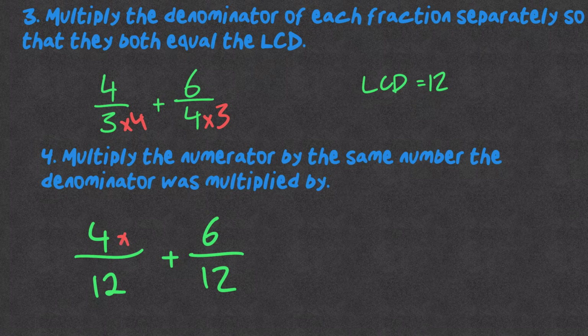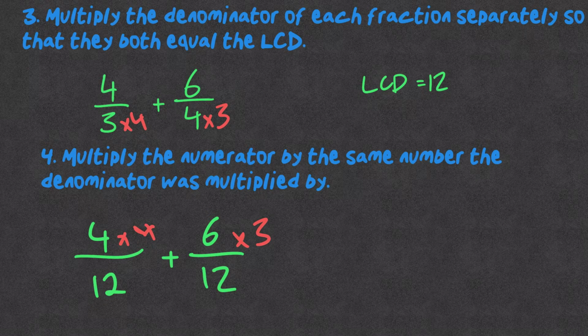In that fraction? Up here, what was it multiplied by? I can point to it, just say the number. Thank you. And over on the other fraction, 6 over 12, what was the denominator multiplied by? Will? Nice, thank you. You're good at this.